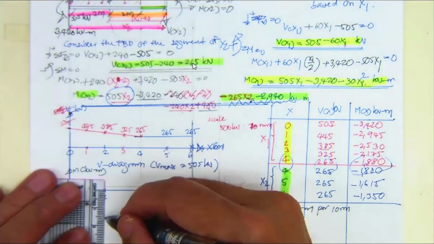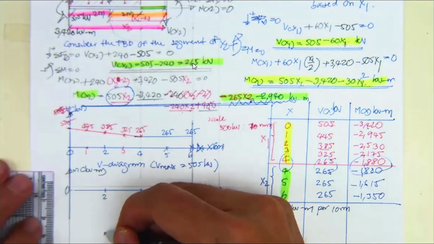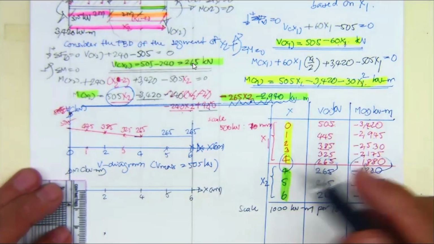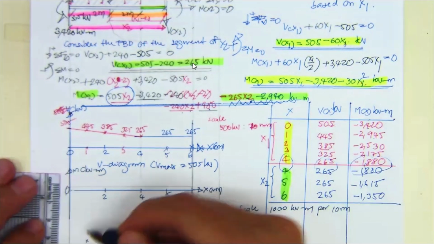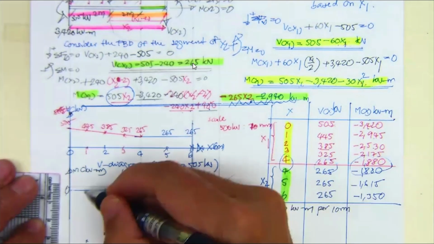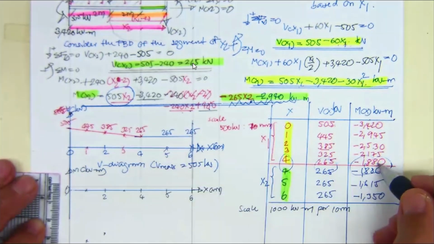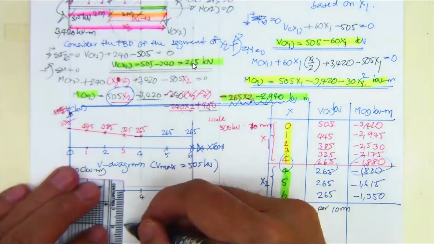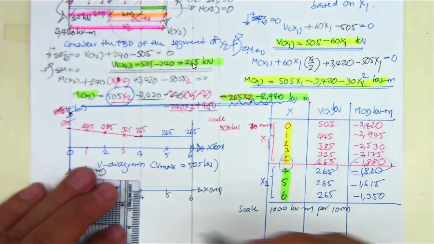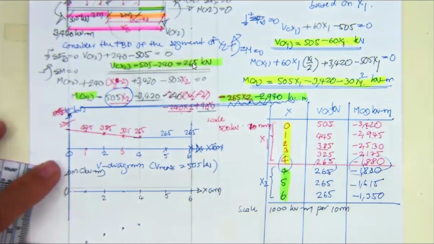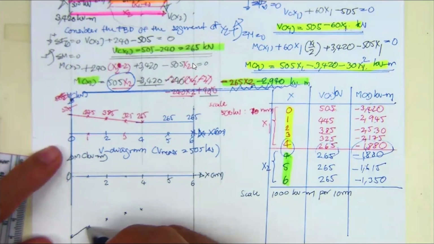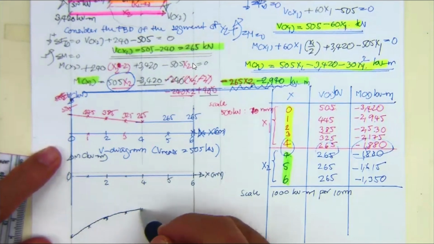This is going to be 2.9, and this is going to be 3 meter. 2.2, 2.2, and this is 1.9 about this one. And you can see when you plot it, this is going to be a curve.